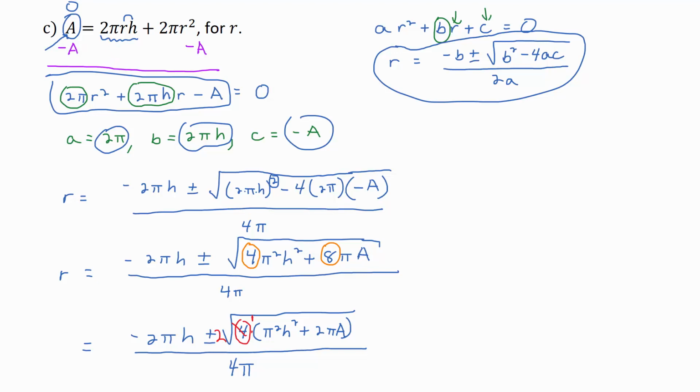Okay, in the next step, so that I can simplify the whole formula, I'm going to factor out this 2 and this 2.